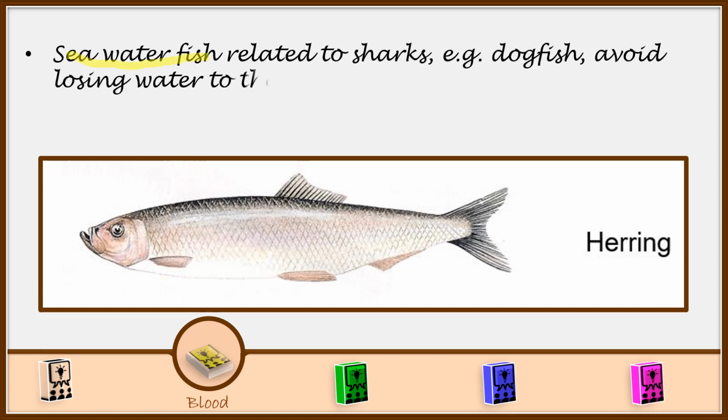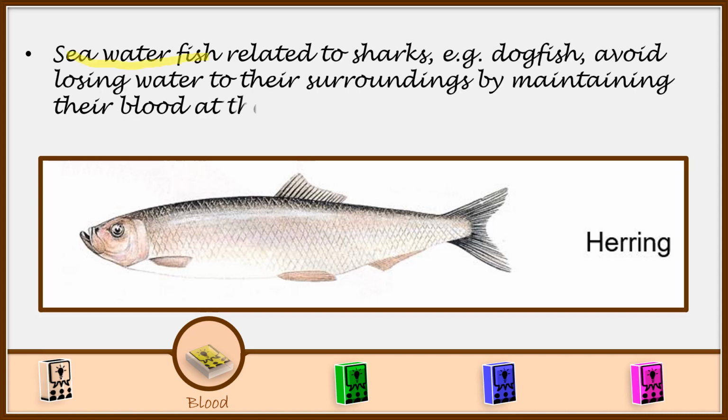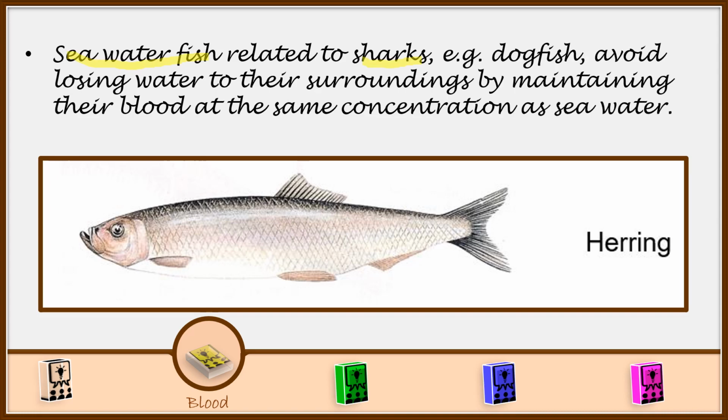Seawater fish related to sharks, for example dogfish, avoid losing water to their surroundings by maintaining their blood at the same concentration as the seawater.